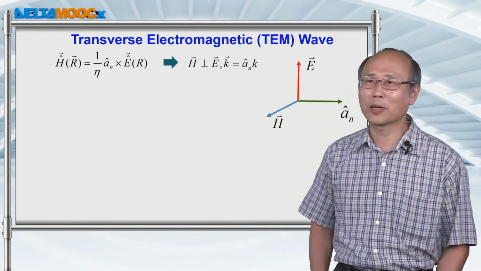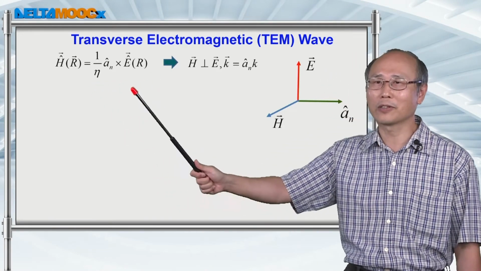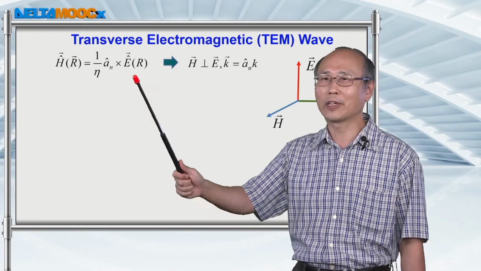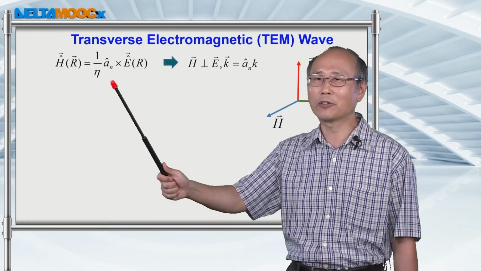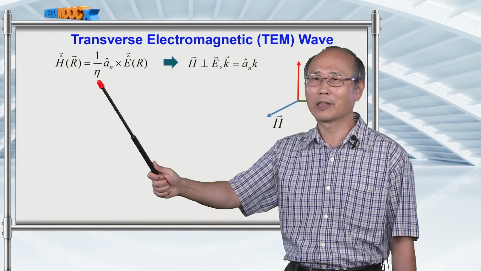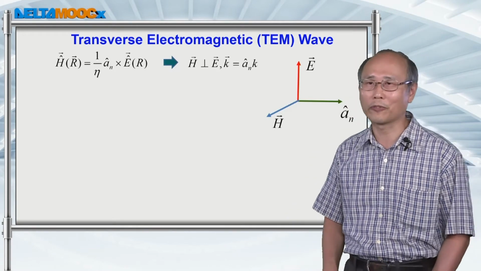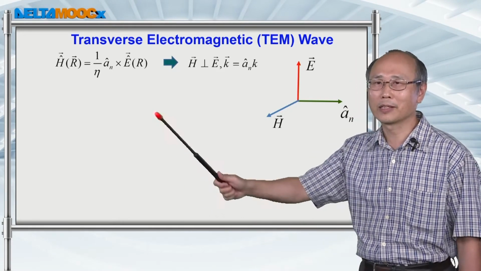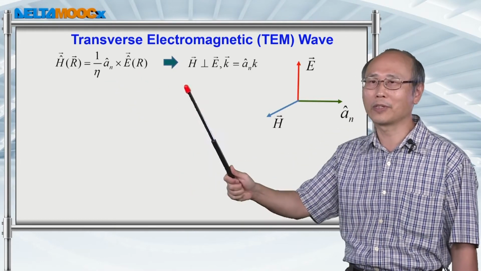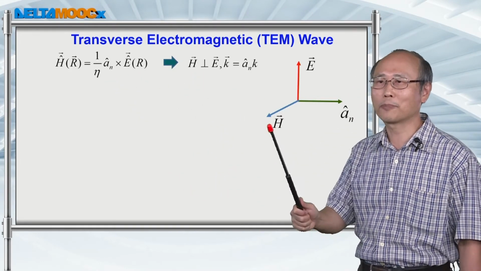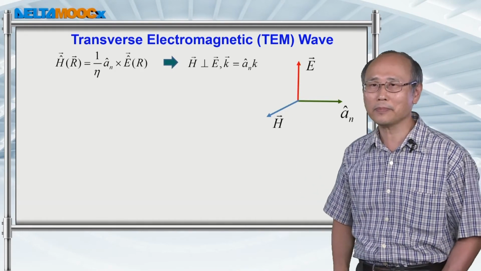Let me summarize a little bit. From our calculations, the first result tells you that if you have an electric field, you can deduce the value of the magnetic field by using this formula, and the proportional factor is eta, the intrinsic wave impedance. The directional relationship from this expression tells you that the magnetic field is perpendicular to the electric field and also the k vector.